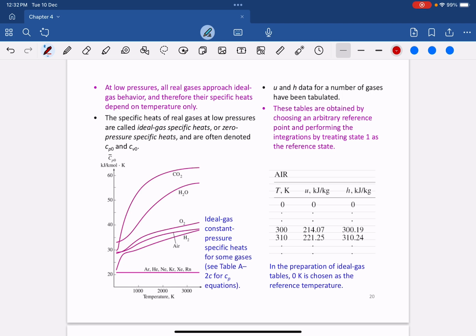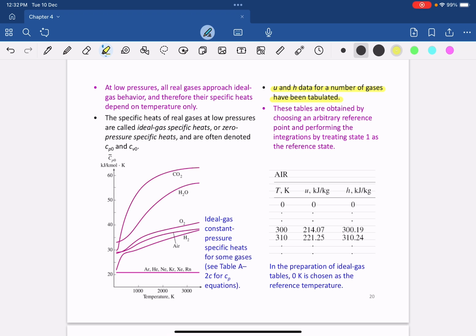It says here that the U and H data for a number of gases has been tabulated. If you refer to table 2 in your property table, it tabulates all the specific heat capacities for some types of gases.